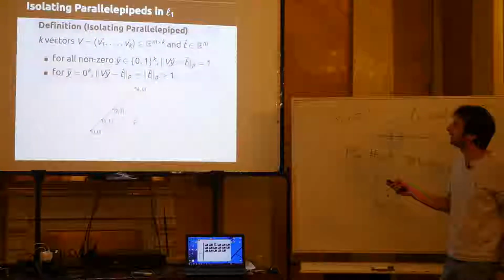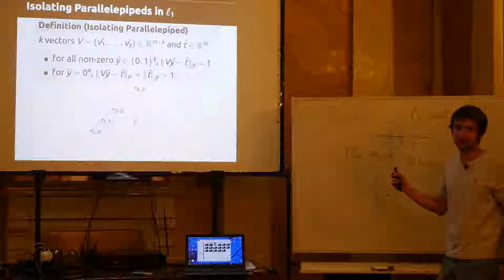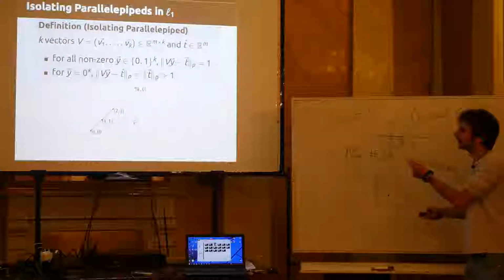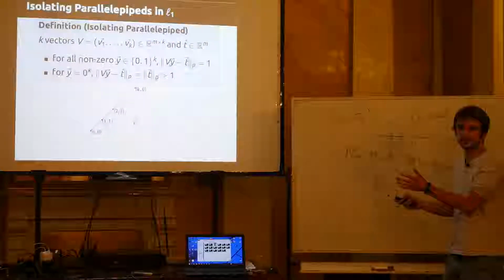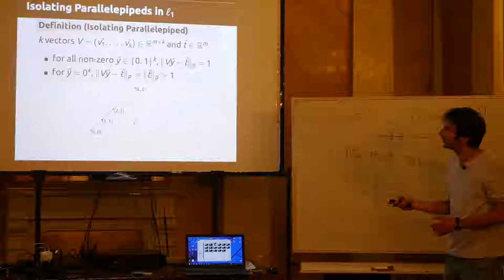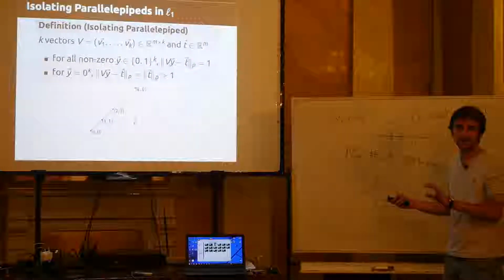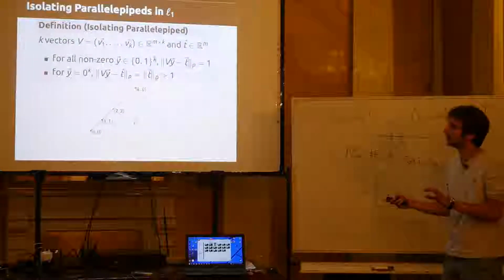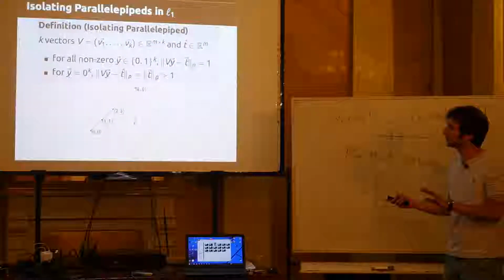Now, if you take a non-zero 0, 1 combination of these k vectors, which means you take the 1, 1 vector 1, 2, 3, or k times, then you end up in one of these k points. And your distance is exactly k minus 1. L1 distance, we're talking about the L1 case now. So from each of these points, the distance is exactly k minus 1.